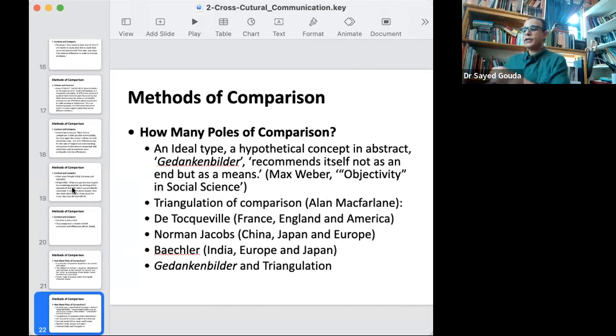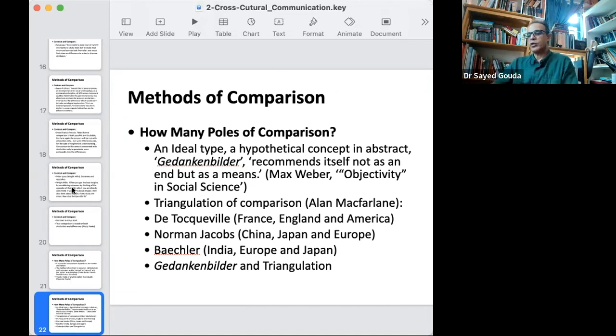So also there is another thing called an ideal type that was said by Max Weber. He's German. He called it Gedankenbilder. Gedankenbilder is also to imagine an ideal object or an ideal phenomenon, ideal behavior, ideal society. So when you compare, for example, between two things, maybe one of these two things is just imaginary, is not real.